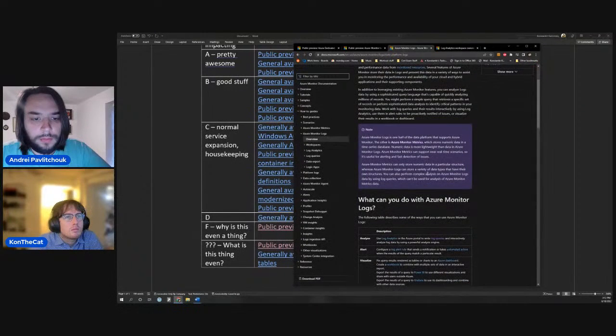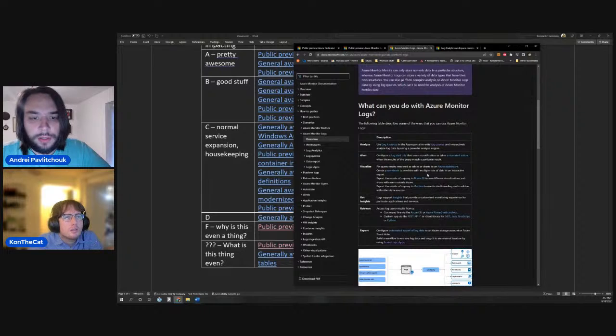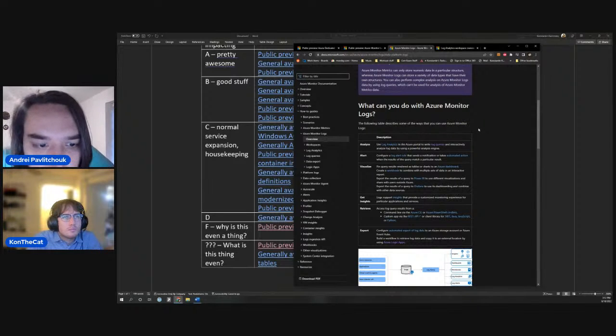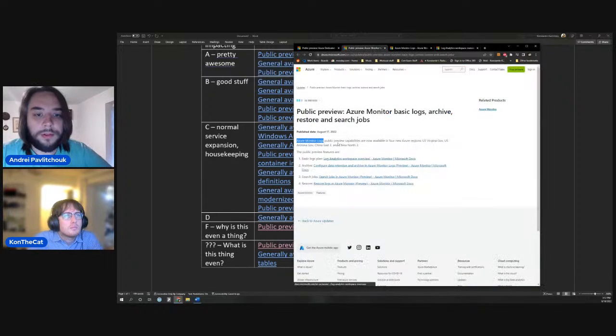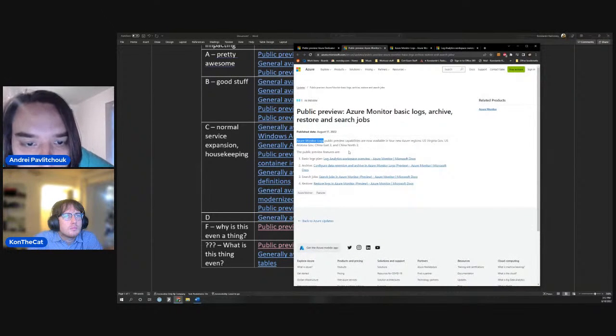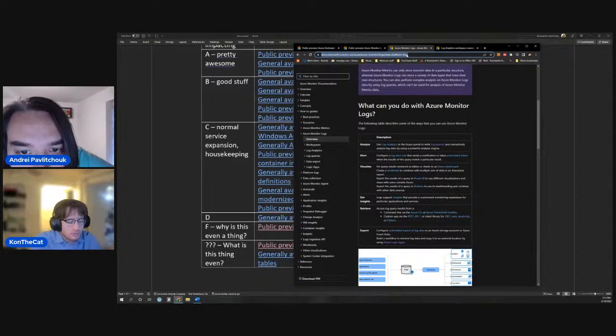Fine. I don't get it. I think maybe it just wasn't available in our region. Can you just have a look at that thing again, the public preview? How is Azure Monitor logs different from log analytics?